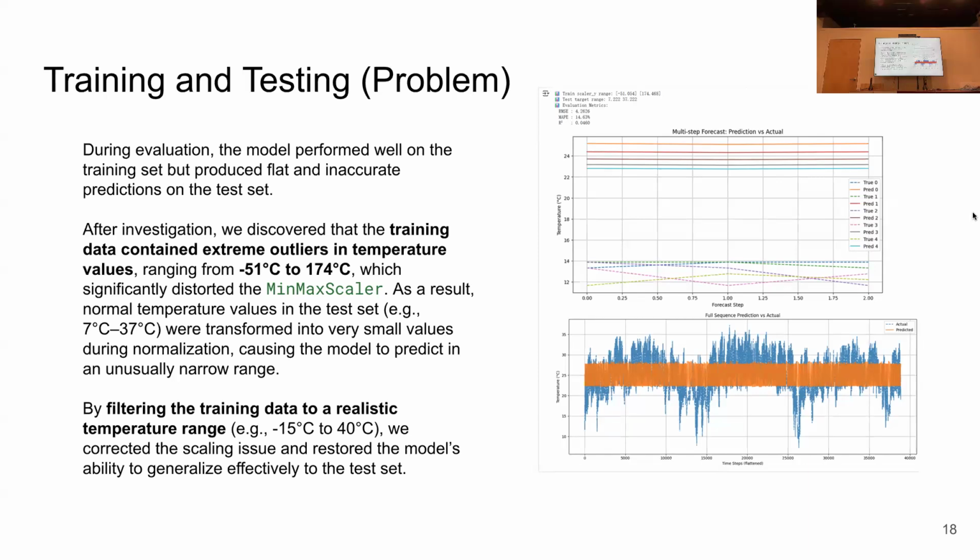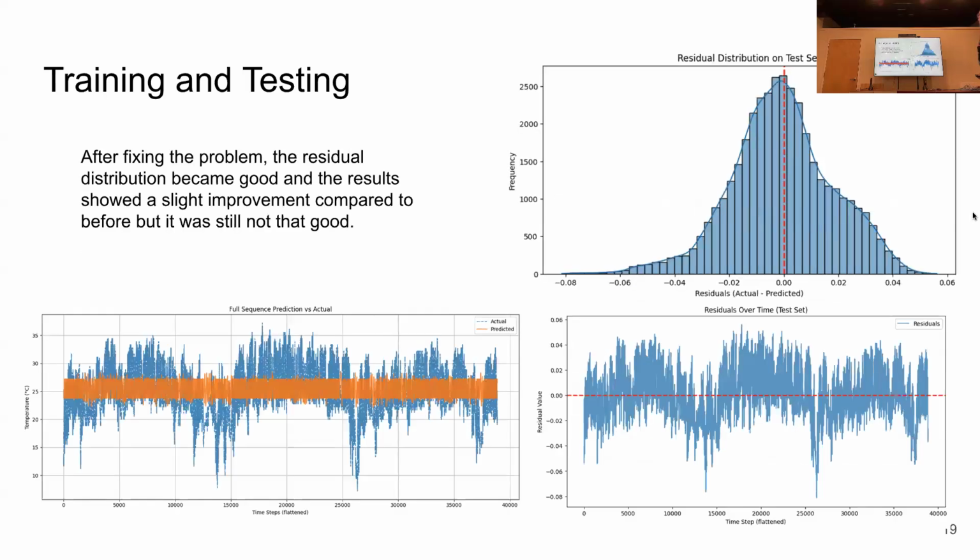So I filtered the training data to a realistic temperature range, and then I trained the model and tested the data again. And after I fixed the problem, I can see the residual distribution became better, and the results showed a slight improvement compared to before.